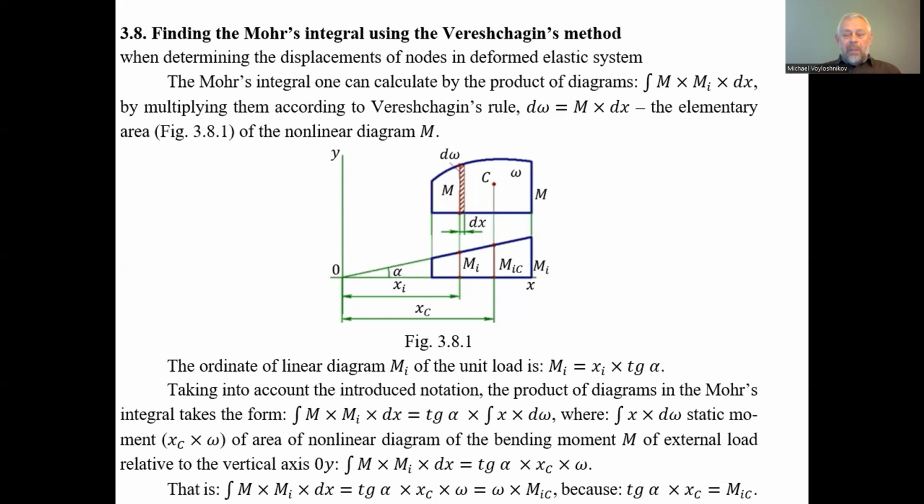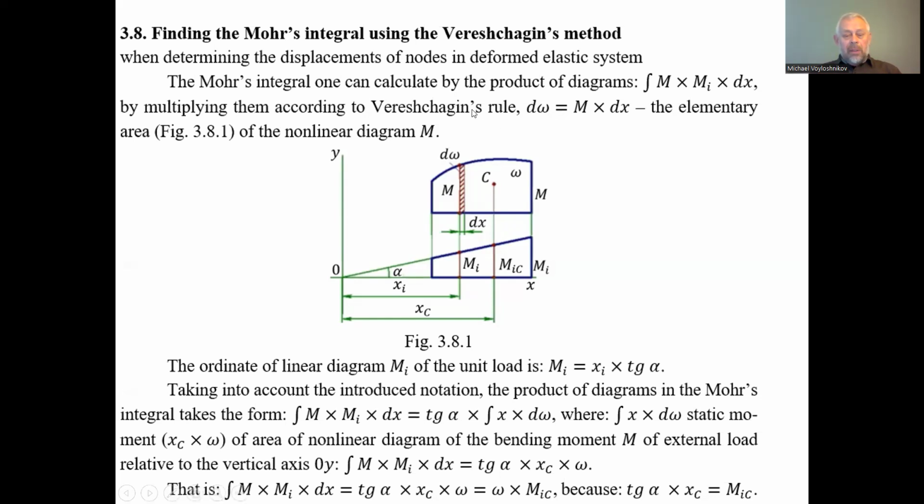So we can not consider it, for the theoretical conclusions about Vereshchagin's rule to find the product of diagrams in the integrand of the Mohr integral. We can sometimes not consider the denominator of the integrand with the rigidity indexes of the element of the mechanical system.